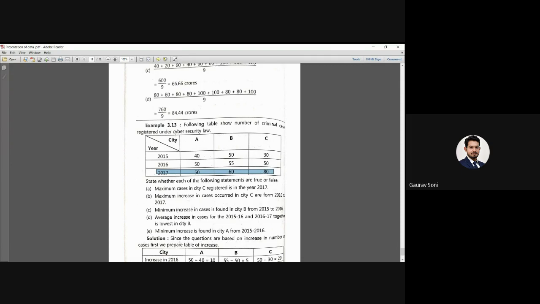Yes, it is true. The next one: maximum increase in cases occurred in city C from 2016 to 2017.